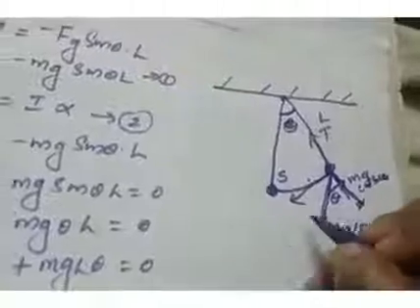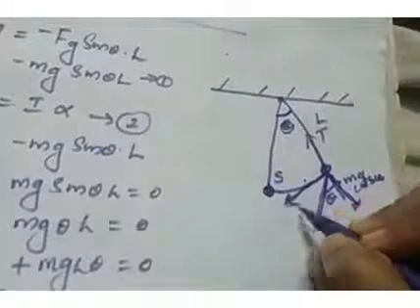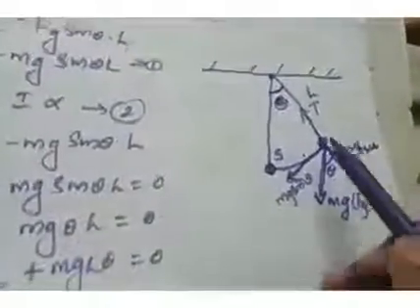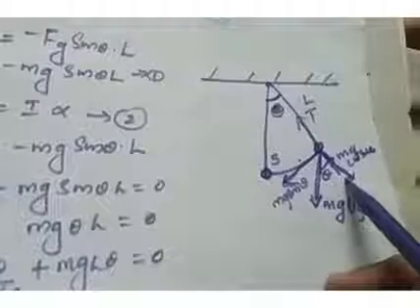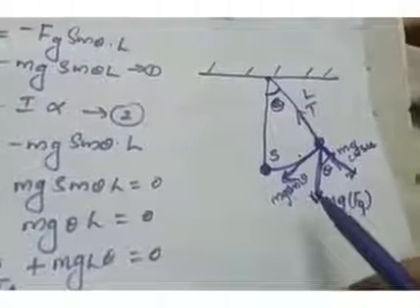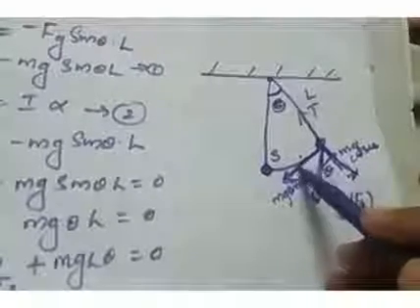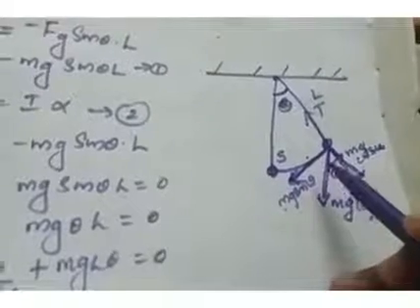Okay, and this component will be mg sin theta. So these are the two components. Now you can see tension and mg cos theta are balanced. They are equal and opposite and will cancel each other. So only which force is left or which component is left? Only mg sin theta is left.